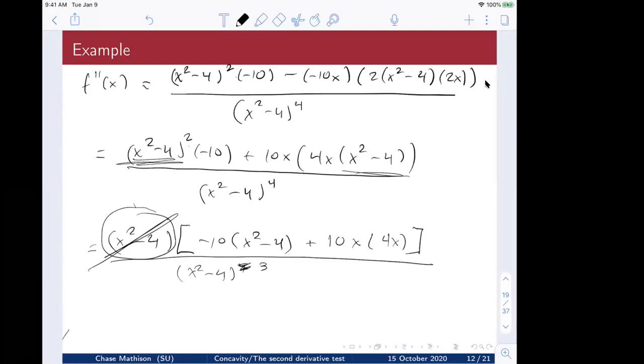Okay, and so after simplifying, we're going to get, well, this is 40x squared, and I'm going to do minus 10x squared, which gives me 30x squared, and then plus 40, divided by (x squared minus 4) to the 3rd.